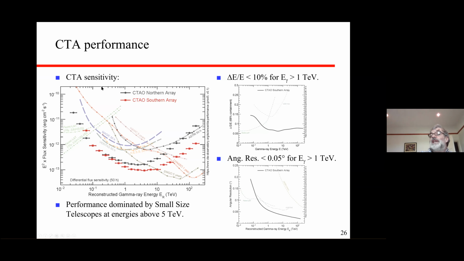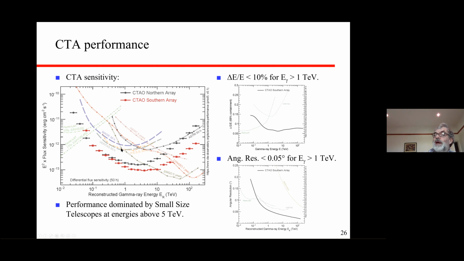So here's the sensitivity that we hope to achieve in terms of the energy of the incoming photons and the number of those per unit area multiplied by the energy squared, so that we don't have a very, very steeply falling spectrum. And you can see that the sensitivity of this device that we're proposing is significantly better than the existing systems.